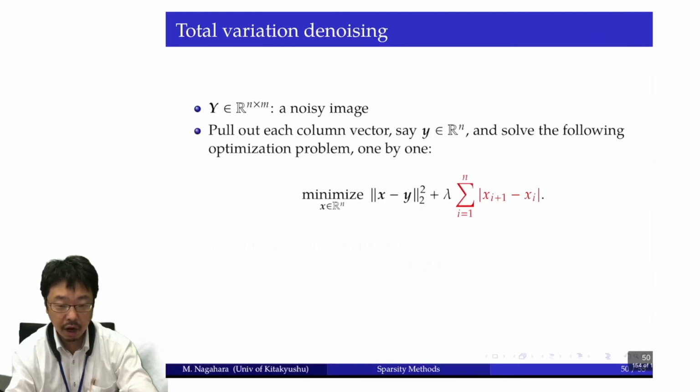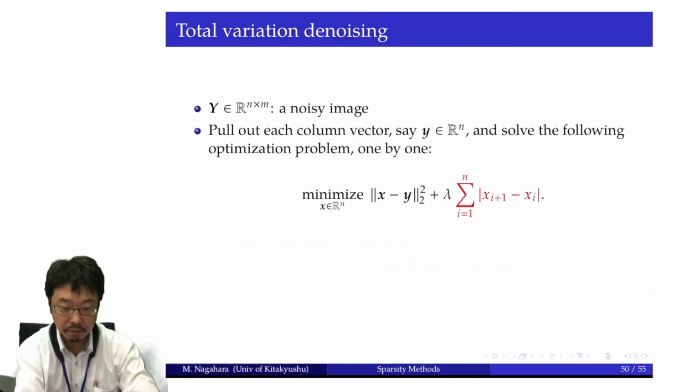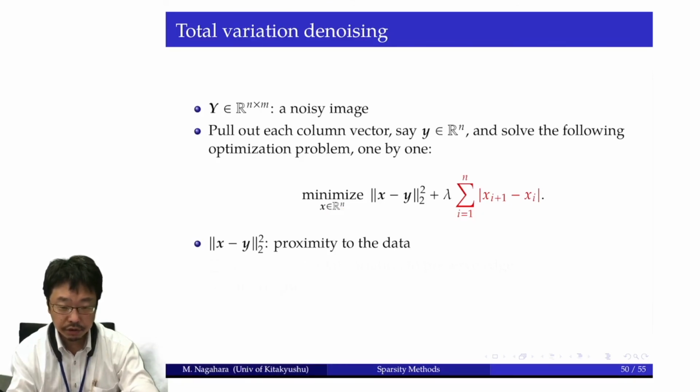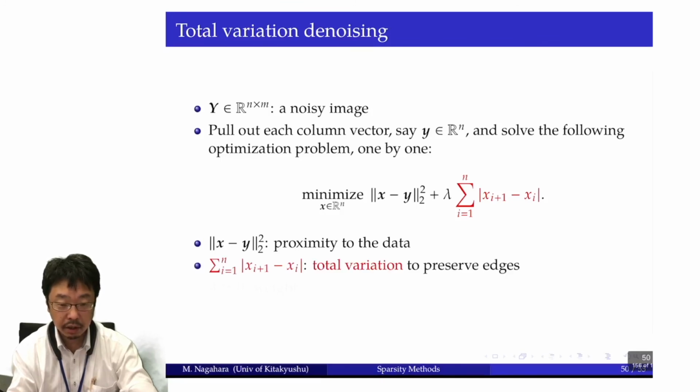From matrix Y, we pull out each column vector, say y, and solve the following optimization problem one by one. Here, the first term, the L2 norm of x minus y, shows proximity to the data. And the sum is the total variation to preserve edges.